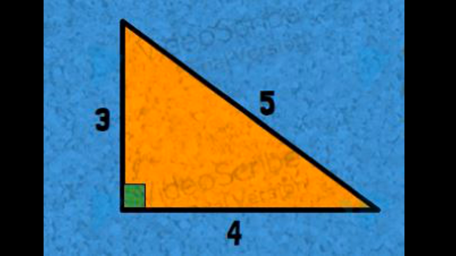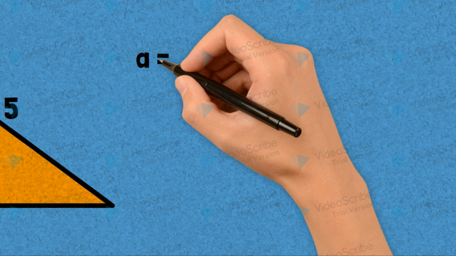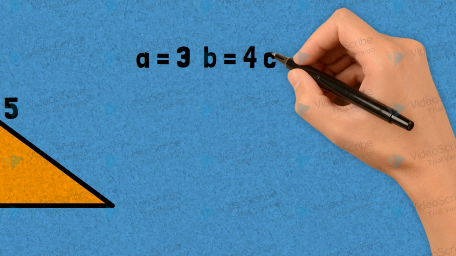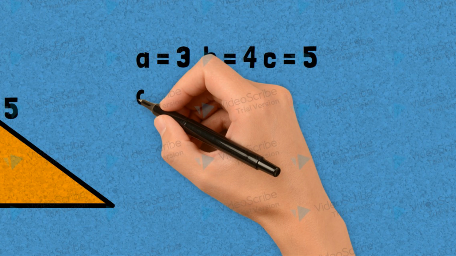Let us now check if the square of the hypotenuse is really equal to the sum of the squares of the other two sides. You have to remember that a and b are representations for the sides, so they are 3 and 4, while the hypotenuse is equal to 5, and that is your c.